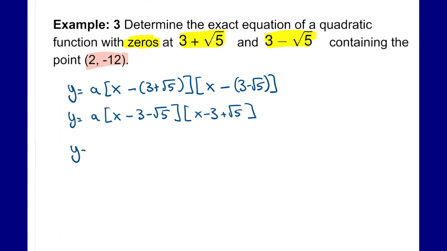So if I want to simplify this, a[(x minus 3) squared minus root 5 squared], because we kind of see a difference of squares here. We have an a and a b, and an a and a b, and we're separated by addition and subtraction. So difference of squares.